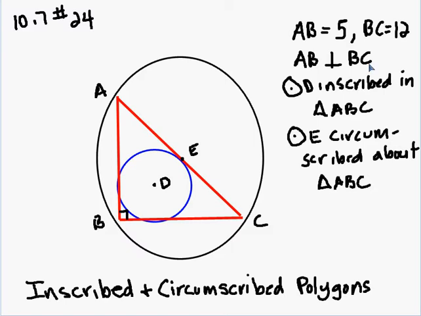So if we know that AB is 5, we're going to say that first we'll call this point F. We know that BF we'll call X, and then we'll know that AF is going to be 5 minus X. If AF is 5 minus X, by the two-tangent theorem we know that AE is also 5 minus X.